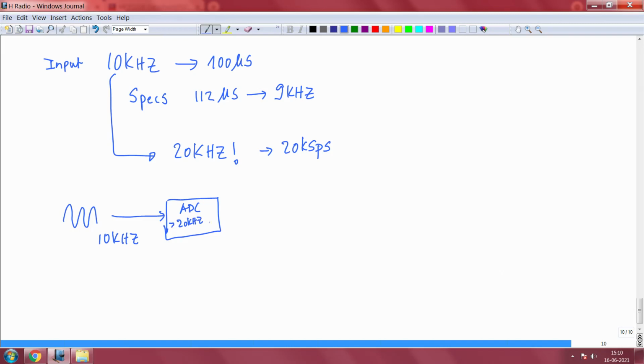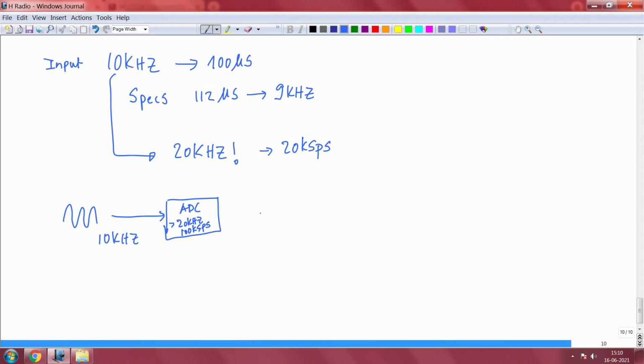Typically it is common to choose 100 kSPS, that means you are doing 10x. Why 10x? Because it is arriving at 10 kHz, you are sampling at 100 kSPS.